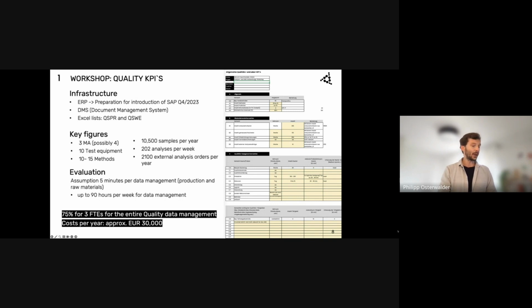In this example, we calculated this together with the client to also get an ROI about the investment and what they get back. What we can show here in this real life example is that 75% for 3 FTEs is used of their effective time for quality data management, for all of this sample handling.